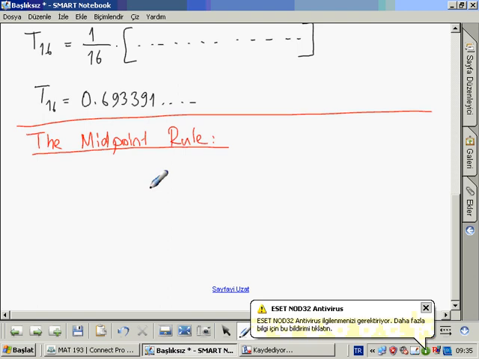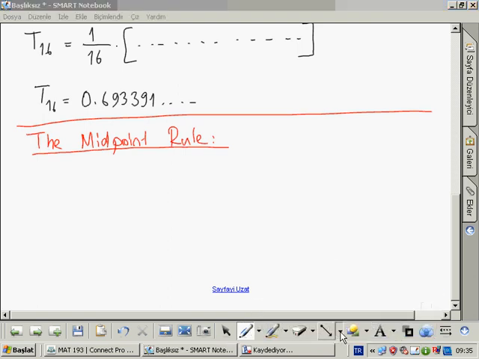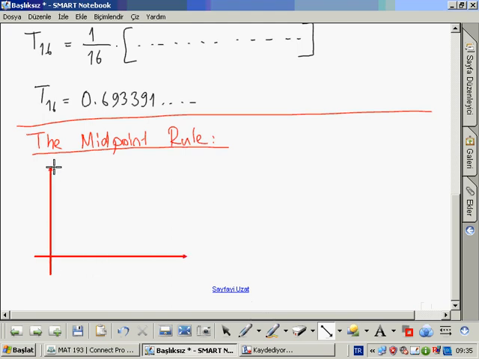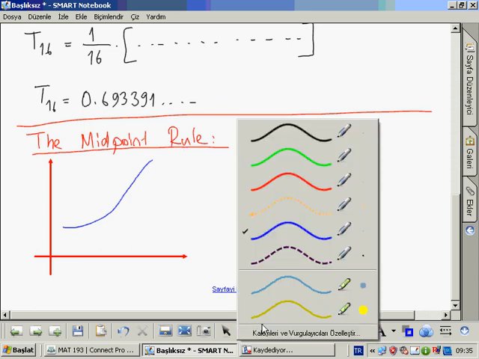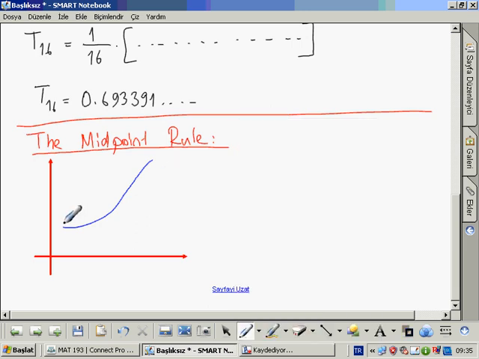That means, for example, now you have again a curve, and these are subintervals, of course.